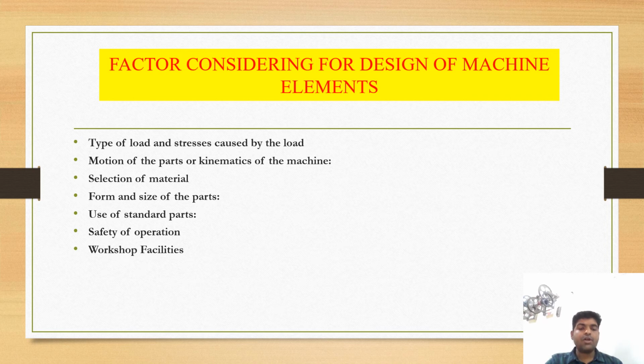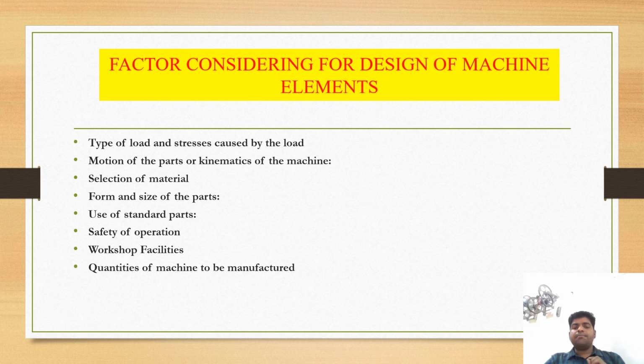Next one is workshop facilities. A designer should be familiar with the limitations of his employer's workshop in order to avoid the necessity of having work done in some other workplace. Next one is quantity of machines to be manufactured.